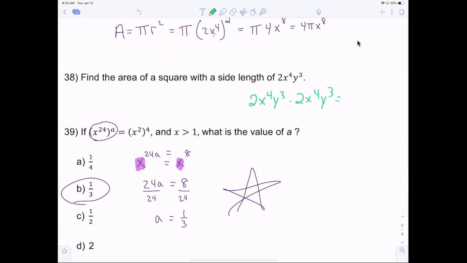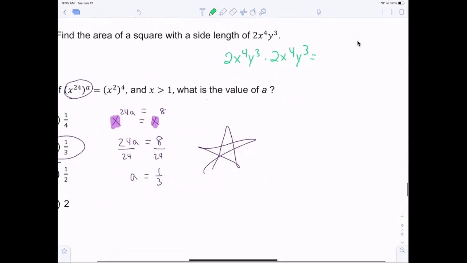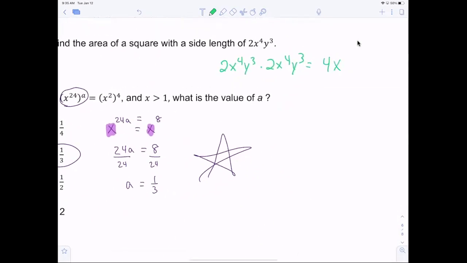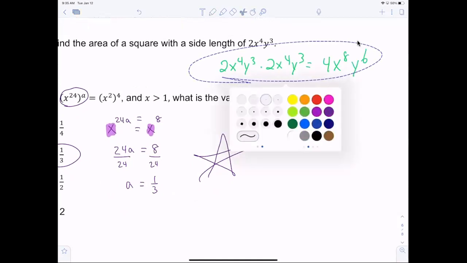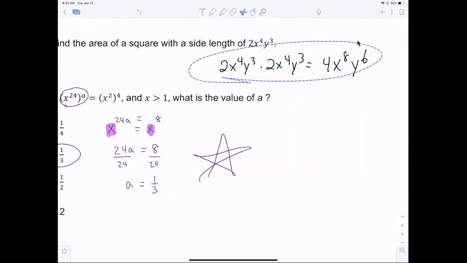So what is that? Yes, thank you very much. You can't really see that. I'm sorry, guys. Hopefully that's a little better. Anybody have any questions with that? Any issues?